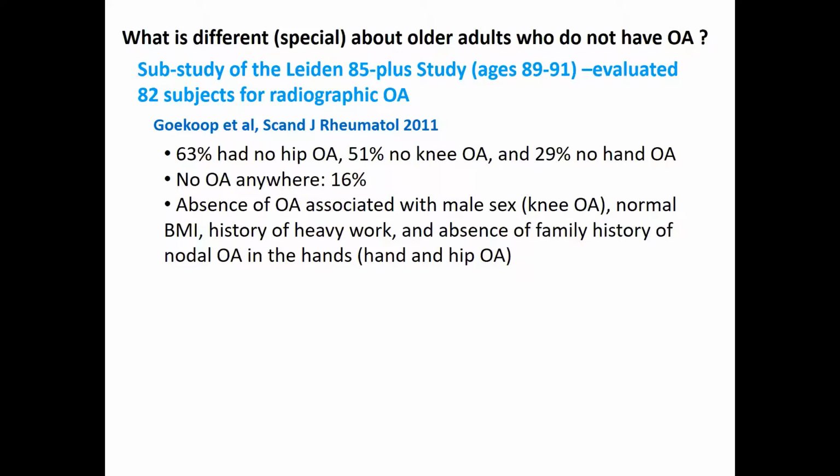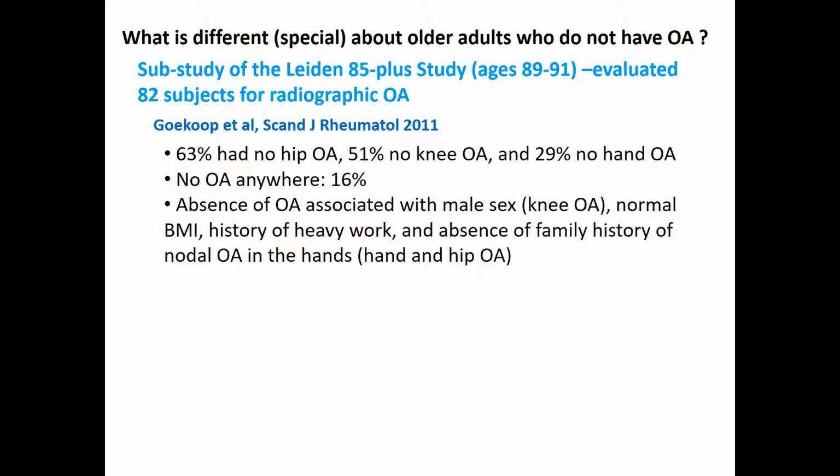Also a normal BMI, so if you have a normal BMI when you're old, you're less likely to have OA. This was a surprising one: history of heavy work. Normally if you think about heavy work, more joint loading predisposes to OA, but these people had a history of heavy work and had less OA. Whether or not these are superhumans that can do heavy work and don't get OA because of some other physical attributes, it's not clear, but that came out.